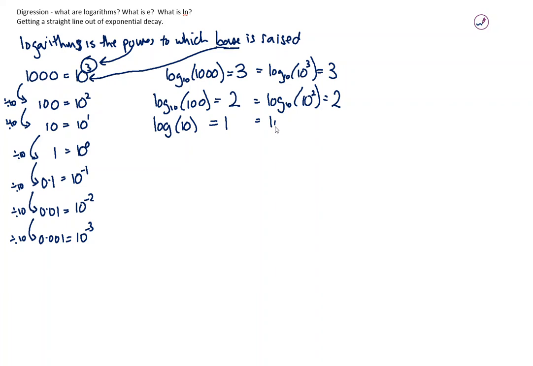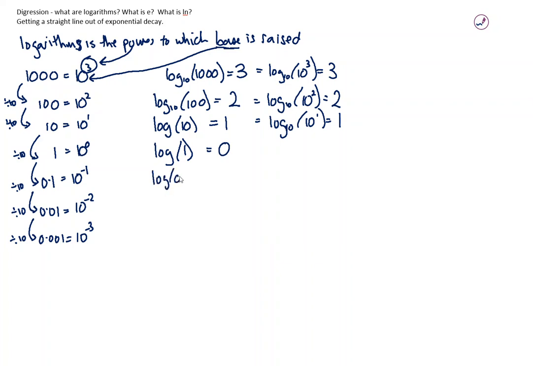I'm just trying to get you familiar with the notation. For log to the base 10, we tend to leave out this little 10 down here. So log of 1 is the power to which the base was raised, so that's 0.